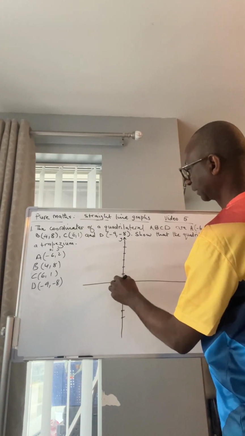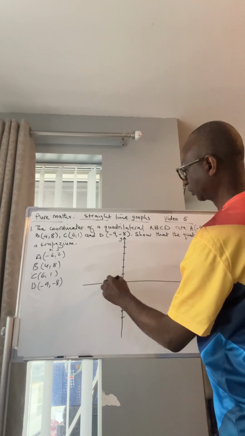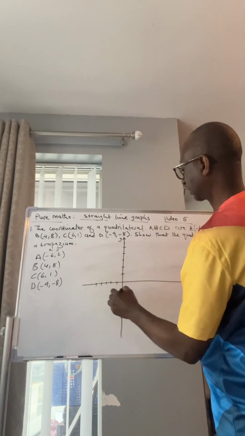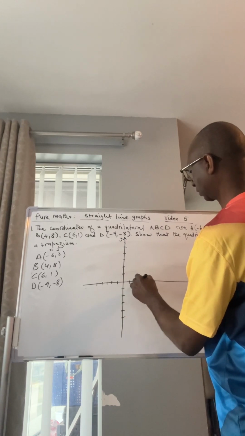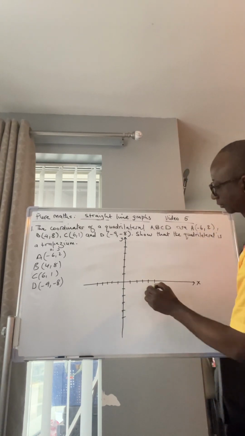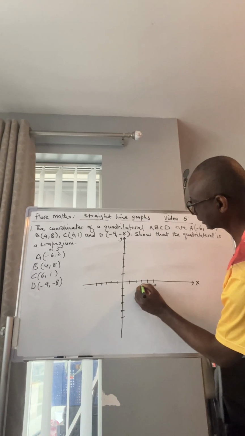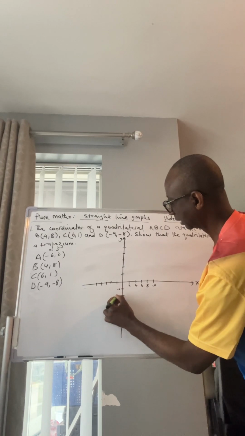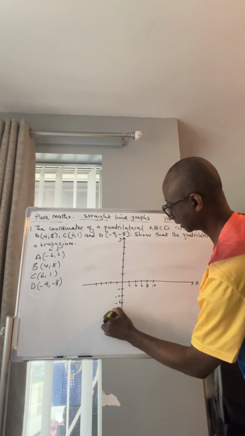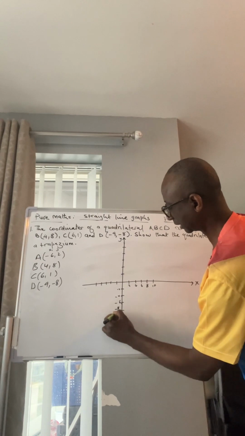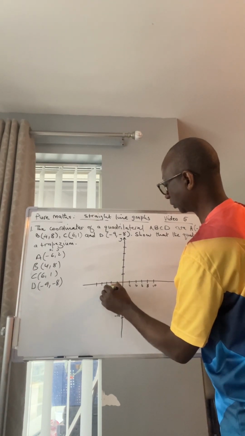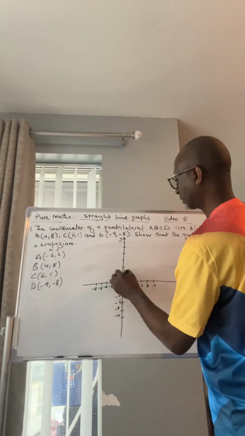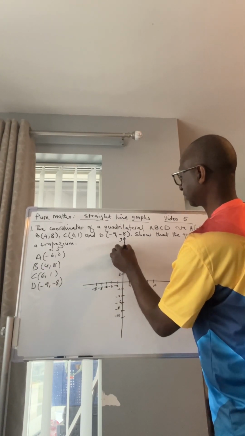Minus 2, minus 4, minus 6, minus 8, minus 10. And again minus 2, minus 4, minus 6, minus 8, minus 10, and 2, 4, 6, 8, 10.